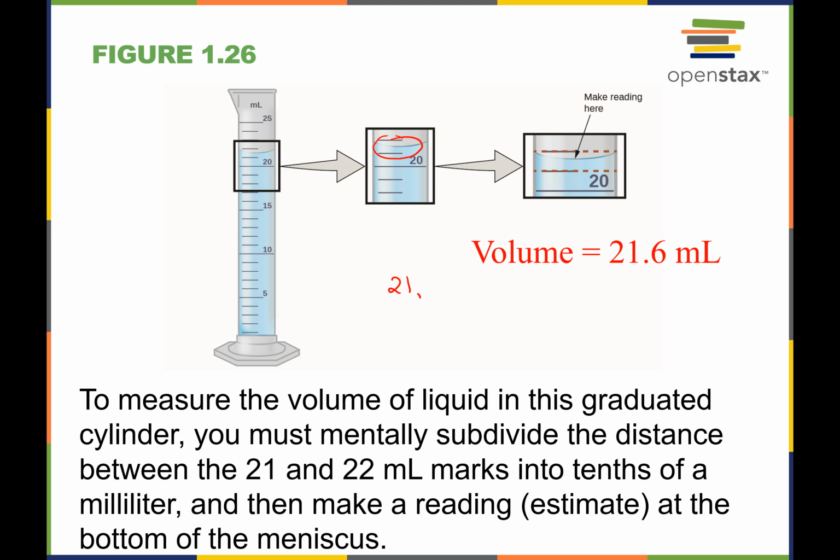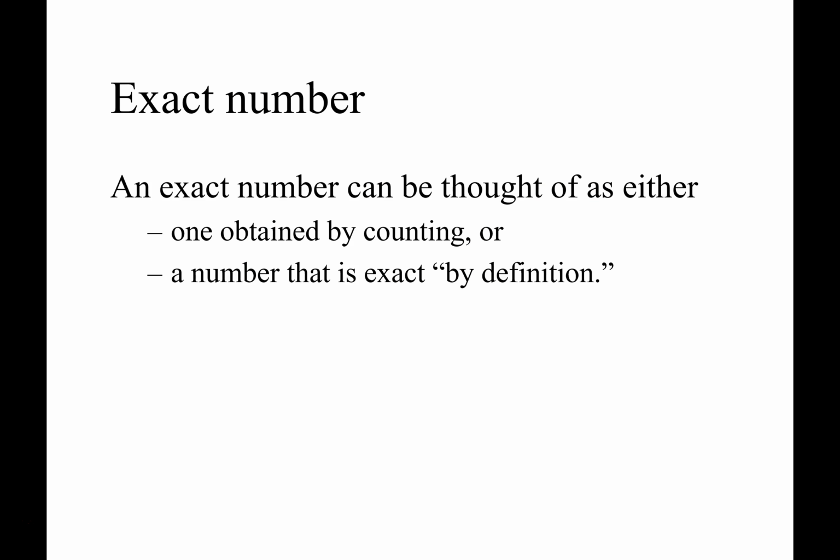So it's 21.6. One of the things about this class is there are no naked numbers. In lab, and when you work problems, it's 21.6 milliliters. That's the estimating part. You'll get some use of that this semester.